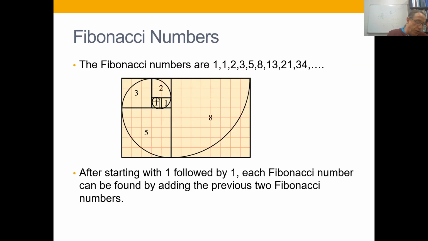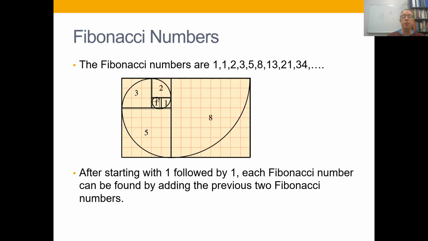One thing you can do with these numbers is, starting with 2 and 3, if you divide 3 by 2, that comes out to 1.5. And then if you divide 5 by 3, that comes out to 1.6. And you can keep doing that, and it gets closer and closer to the golden ratio. 8 divided by 5 is 1.6 as well.